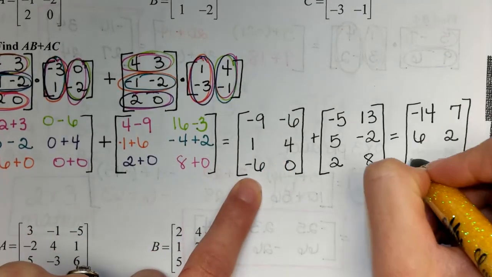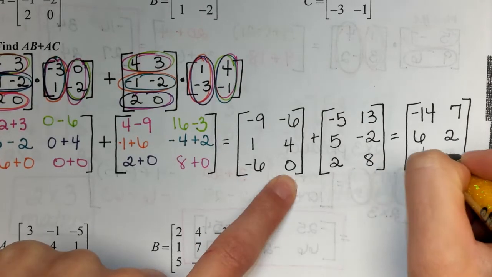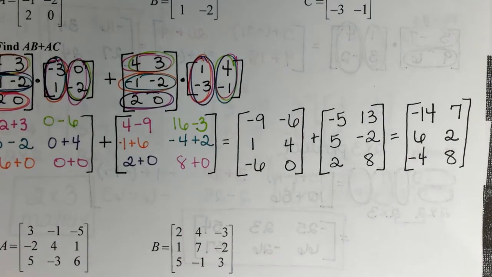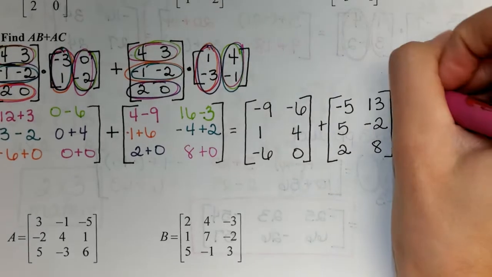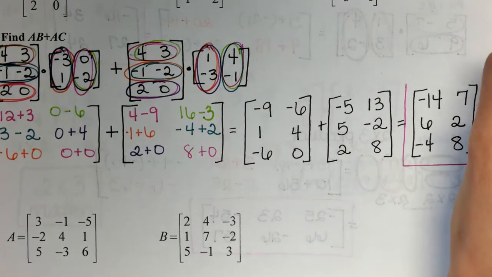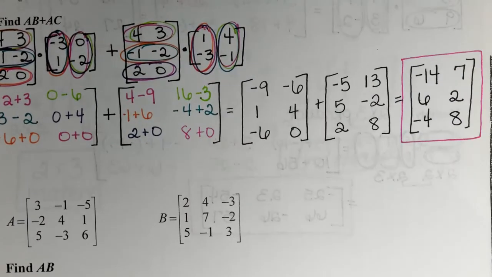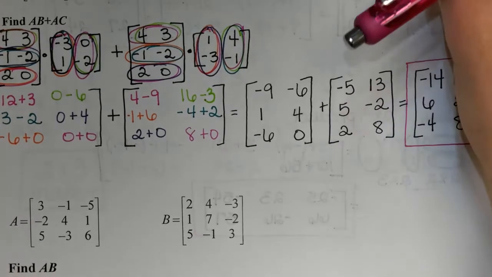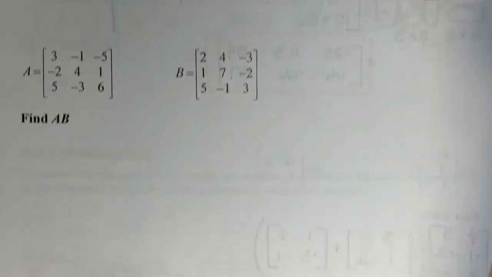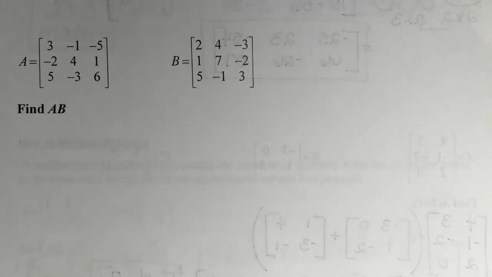Negative 6 plus 2. 0 plus 8. Alright, we good? Now we're going to do a 3 by 3 times the 3 by 3.